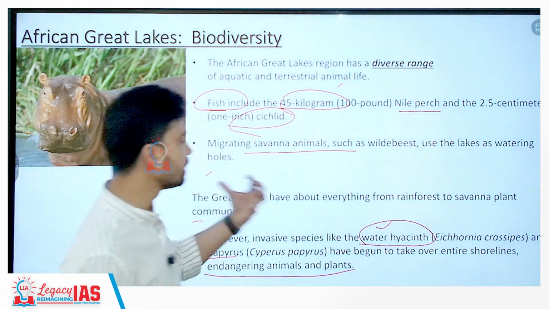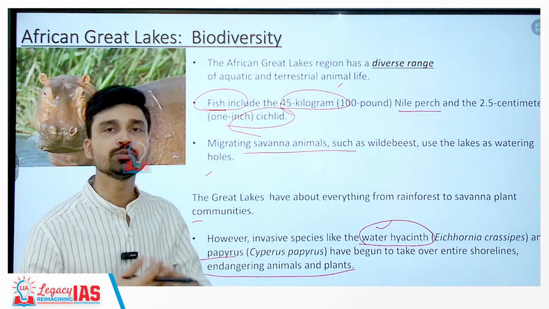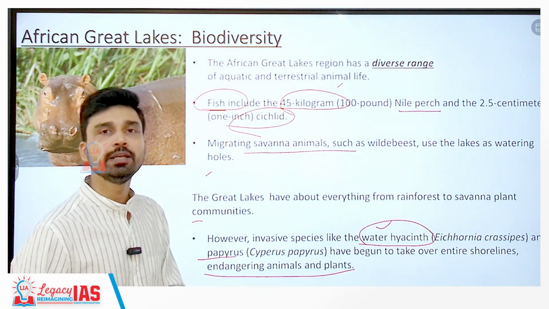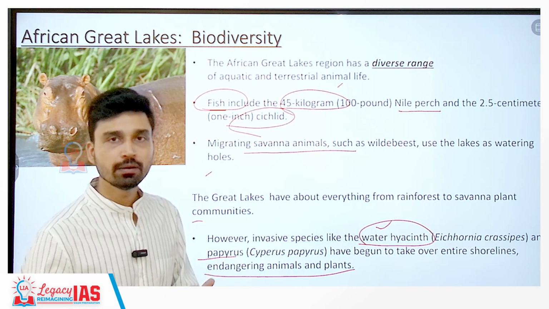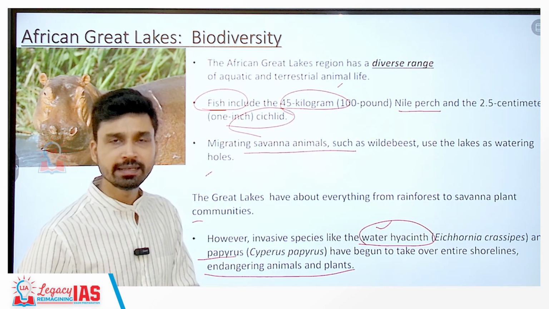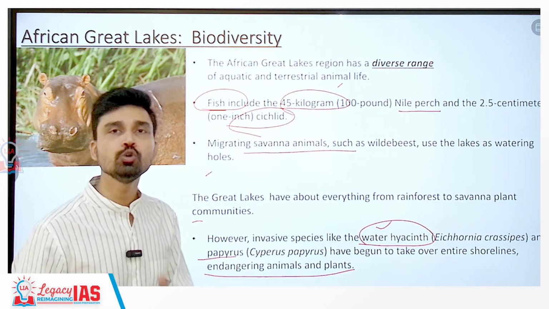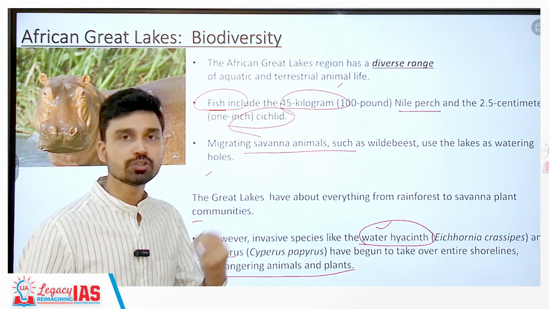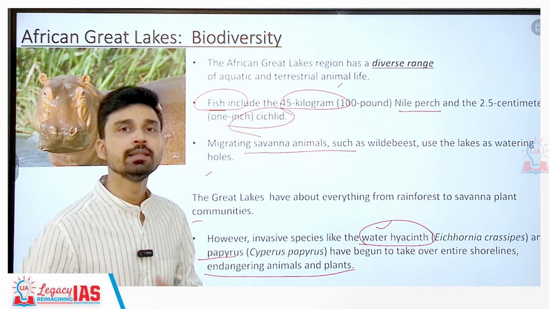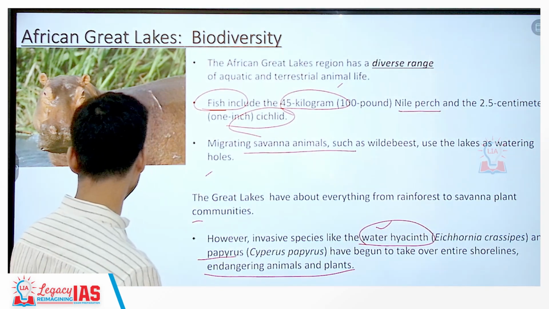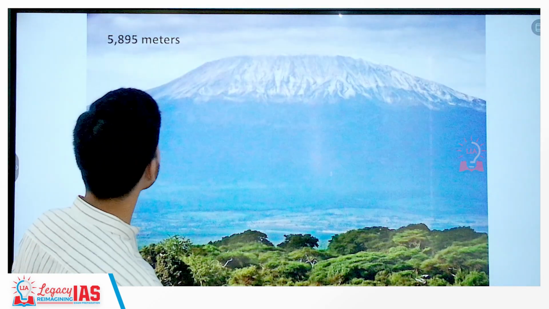Once these invasive species start to spread over the water bodies, they cover the entire surface, and due to this, the biological oxygen demand suddenly increases. That means due to the rotting of all these plants, they consume oxygen, and thus the oxygen concentration of water decreases, which causes a threat to all the aquatic life that is surviving there.